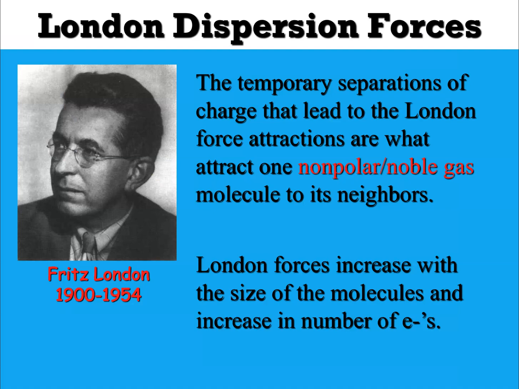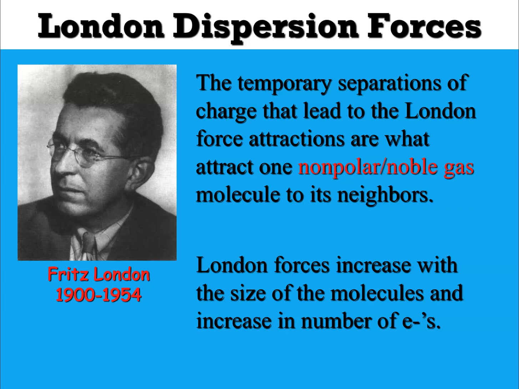So our last one, London dispersion, named after Fritz London. Again, temporary separation of charge, meaning the electrons are moving around. At any given moment, those electrons are on one side of the molecule or atom, and it creates a temporary dipole.